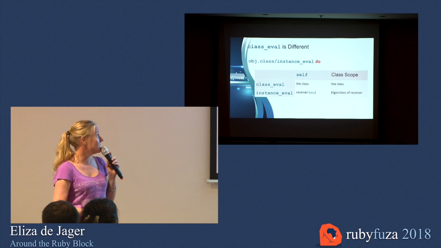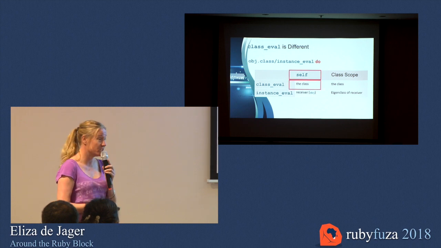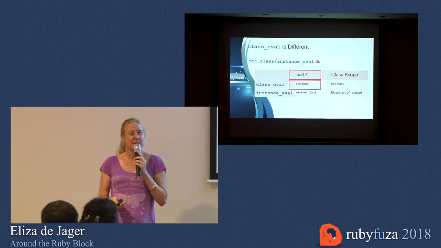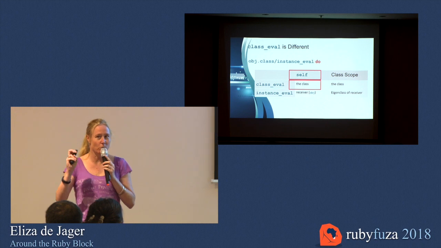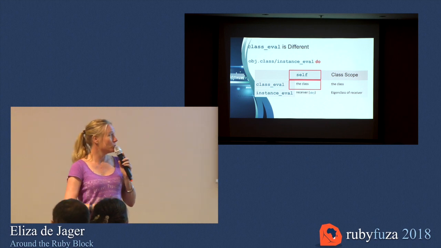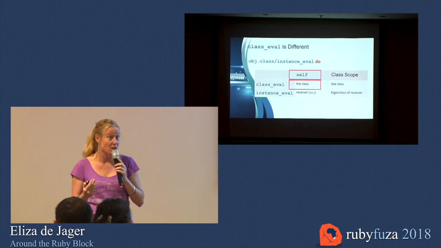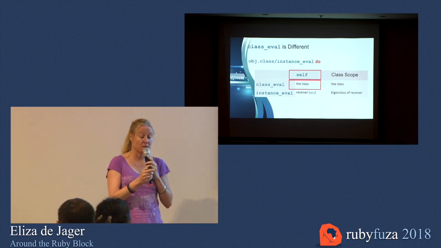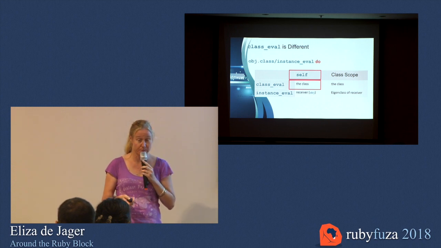In particular, I said that self is always set to the class when you call class eval. So what the slide is saying is that class and instance eval are different from normal methods that take blocks, because they set self to the class or something else, rather than setting self to the currently active object outside of the block.